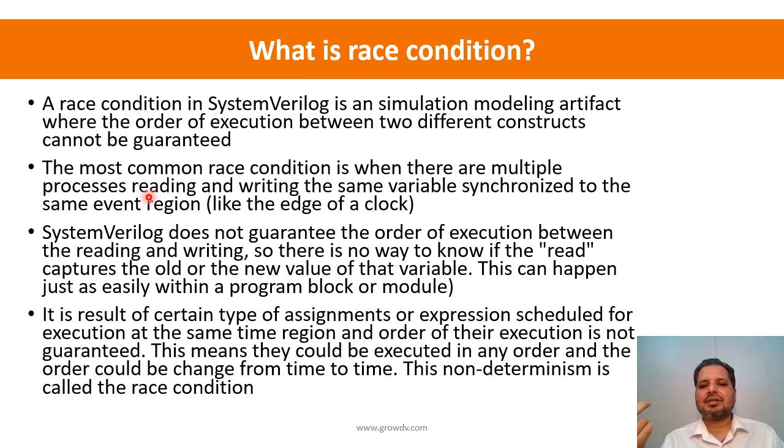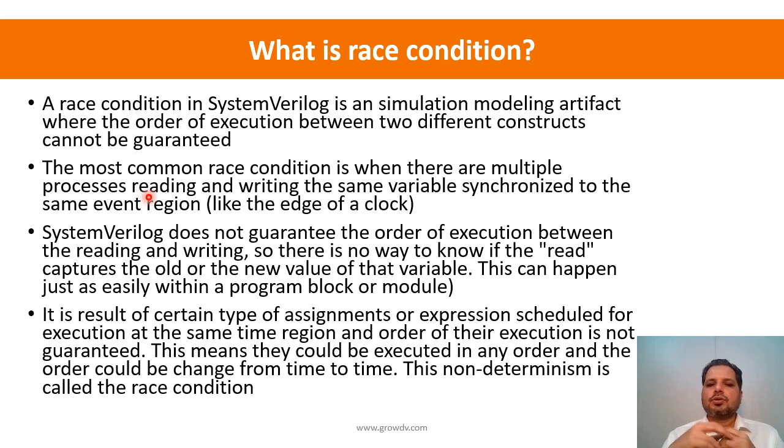Why this appears is because when you have multiple processes and a common resource, between two processes trying to access it, the order in which these two threads will operate cannot be guaranteed. That is the main problem. So if one process is trying to write and another process is trying to read, there is no way to know whether the process that is going to read will read the new value that has been updated or an older value, right? That confusion, that indeterminism, is what a race is; we do not know who will win. That is why it's a race.